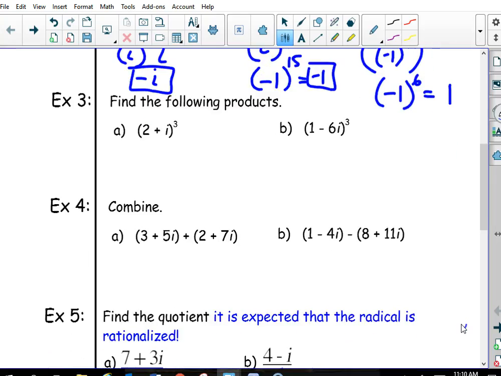All right, find the following products. They're asking us to expand out these exponents. And let's take a look at 2 plus i, and I'm going to write it to the 3rd power.